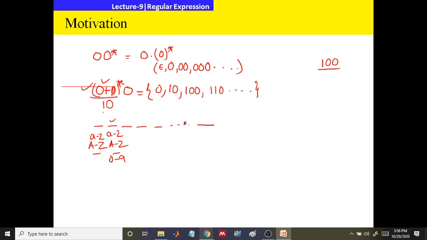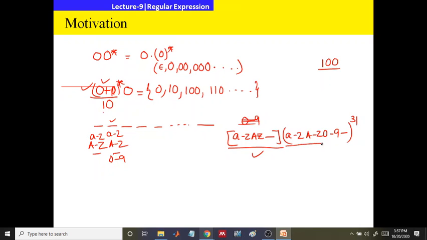But regular expression provides you a way. First we take A to Z, capital A to Z, then underscore. It will be the first character of an identifier, followed by small a to z, capital A to Z, 0 to 9, and underscore, with power 31.